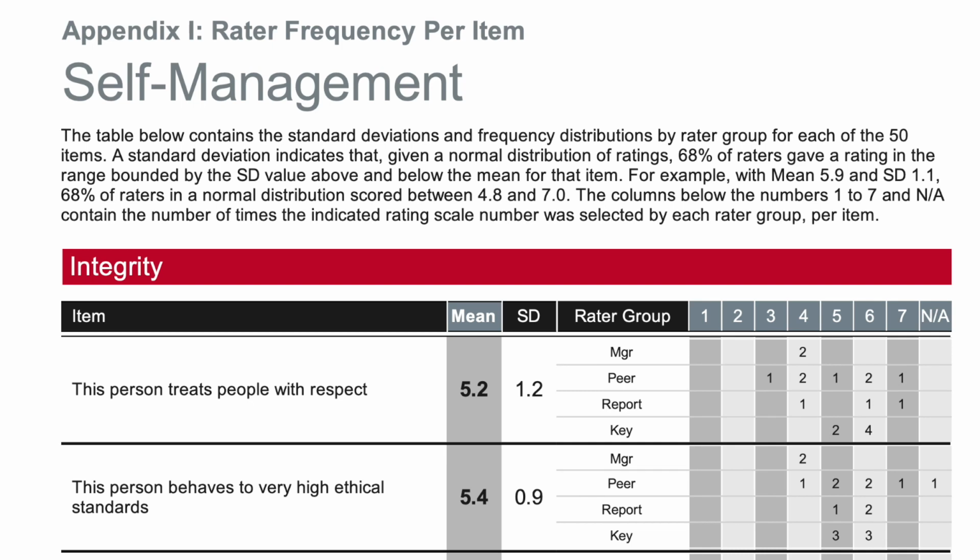And what we see all the way through Lee's results is that the managers regularly rate him poorer than the peers and the direct reports and the stakeholders. The most positive people are his direct reports and his stakeholders. So by understanding where people actually have rated him by each item, it allows you to have a more comprehensive conversation.